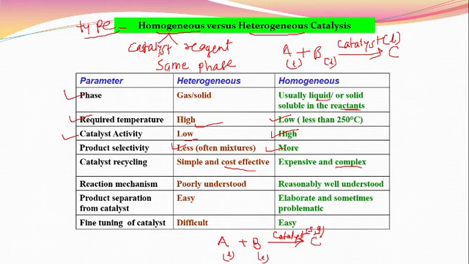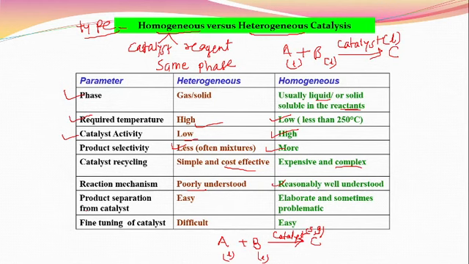Reaction mechanism in heterogeneous catalysis is poorly understood. But in homogeneous catalysis, the mechanism is reasonably well understood, and we will learn this mechanism in our session on homogeneous catalysis using organometallic compounds.